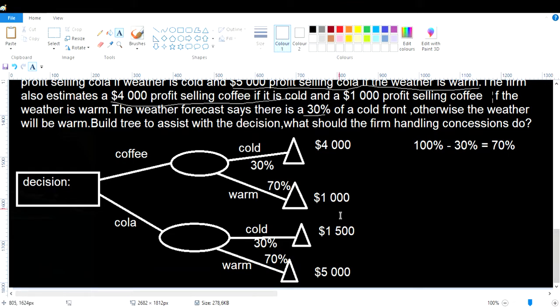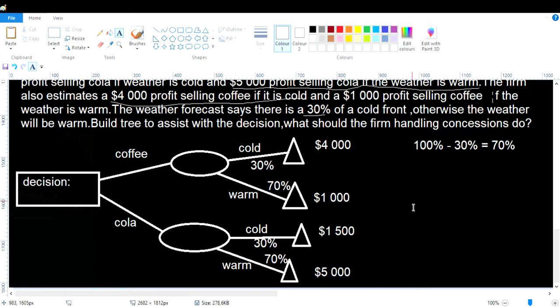So now, which option is the best? Should this firm sell coffee or cola? To answer that question, let's calculate the expected value. We are going to choose a beverage based on the expected value. We are going to choose the highest expected value.